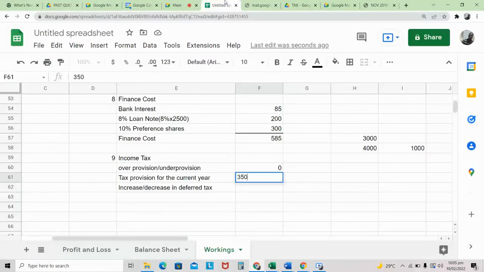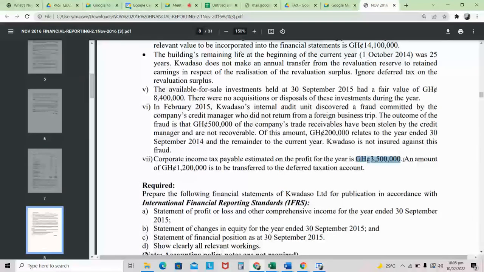So it will be 3,500. Then you have to ask yourself, is there any increase in deferred tax or any decrease in deferred tax? So if you look at this, it says an amount of 1,200,000 is to be transferred to the deferred taxation account.